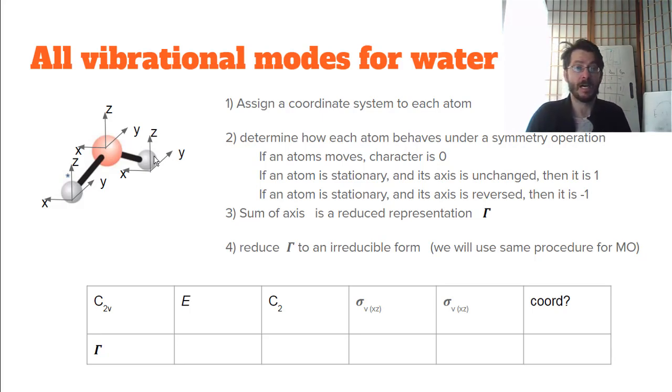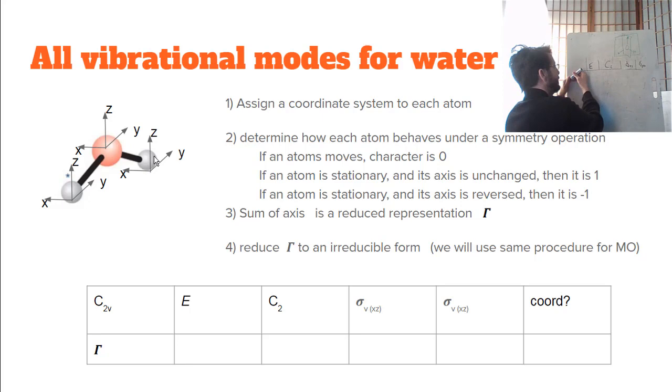If the atom is stationary, any axis that is unchanged is 1, and any axis that is inverted would represent a negative 1. So for the identity, it's kind of trivial. We're going to sum up a reducible representation, which we'll call gamma.